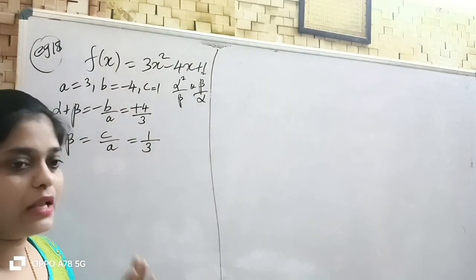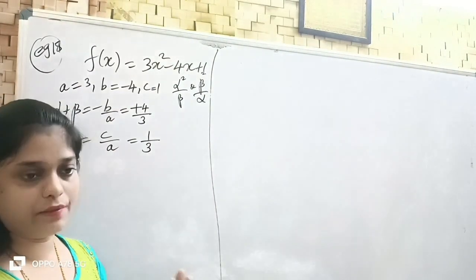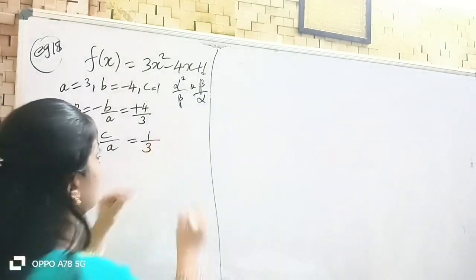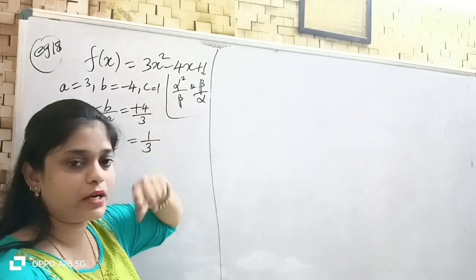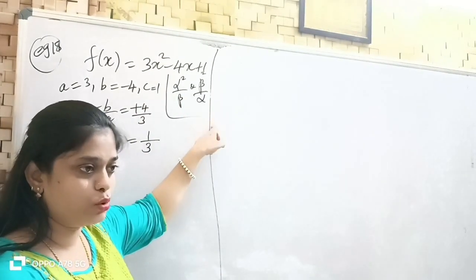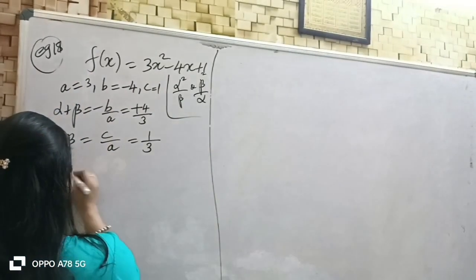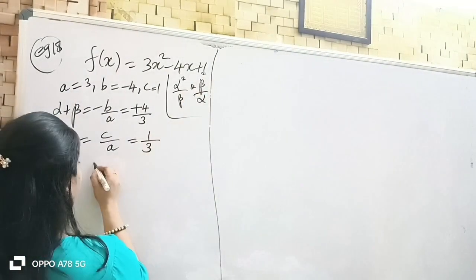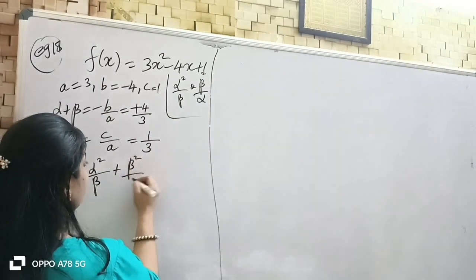So this is initially alpha and beta are the zeros of the quadratic polynomial. This is add பண்ணு. This is product பண்ணு. This is sum. S is S na இதோட sum. என்ன பண்ணு? Alpha square by beta plus beta square by alpha.